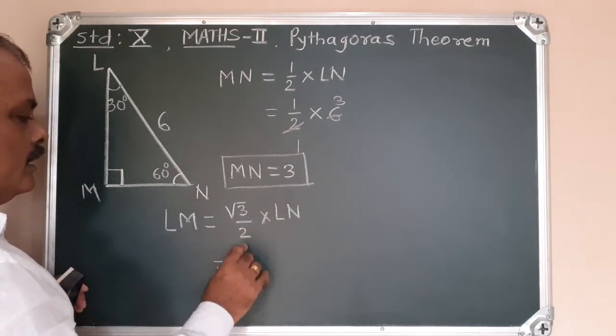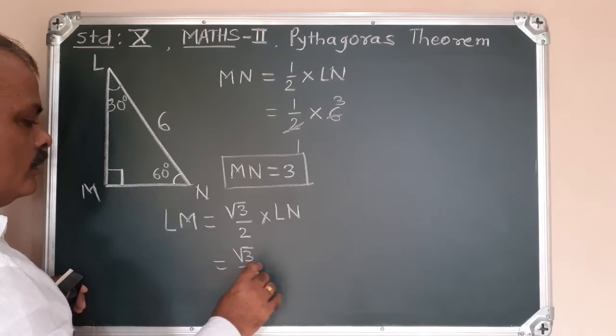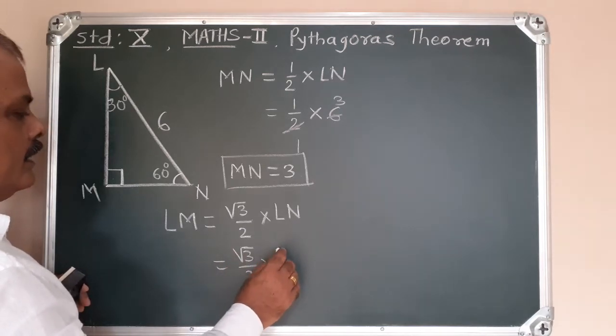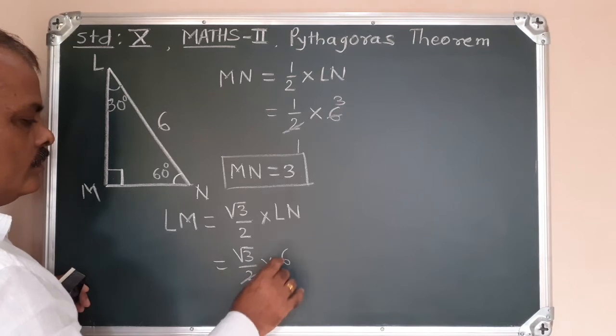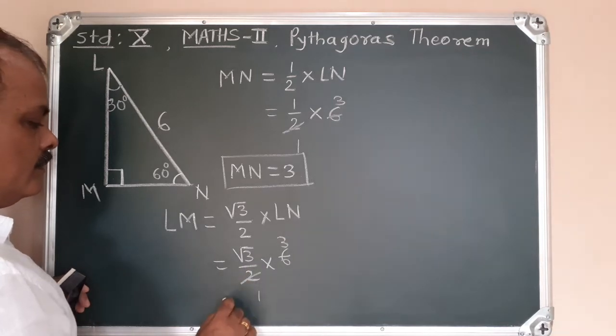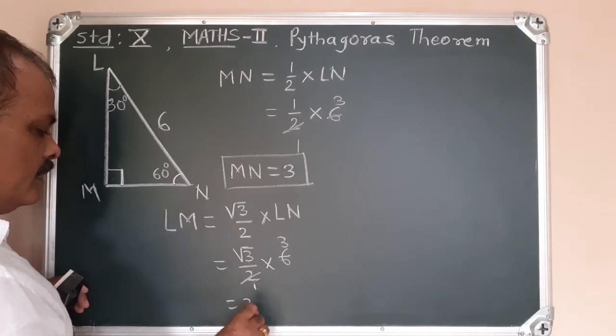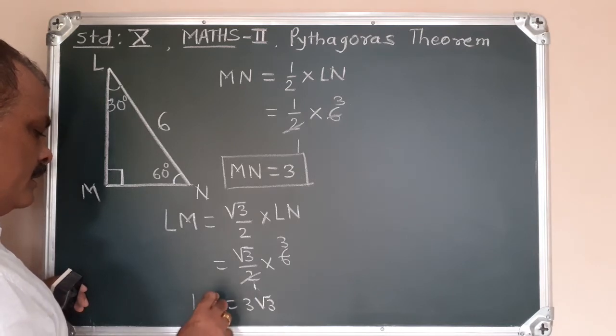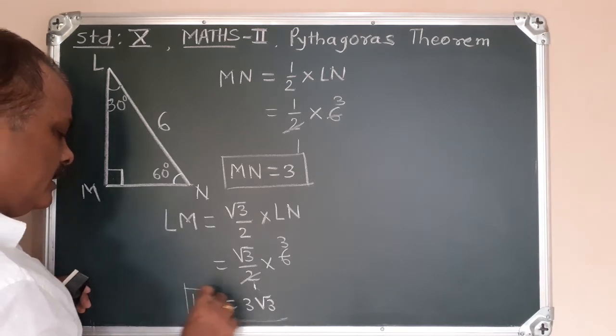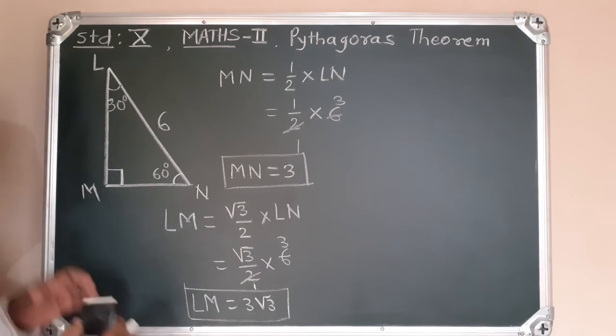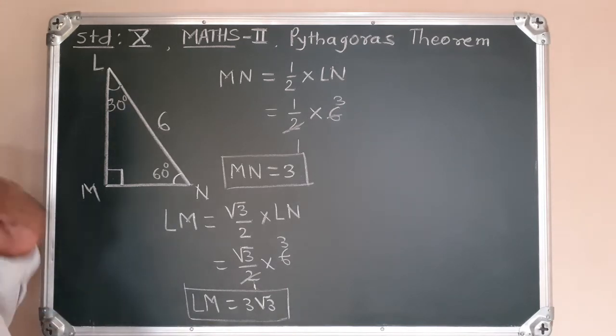So root 3 upon 2 into LN, that is 6. The 2 threes are 6. So which is equal to 3 root 3. So LM is equal to 3 root 3 unit, whatever it may be. So like this we can solve the example.